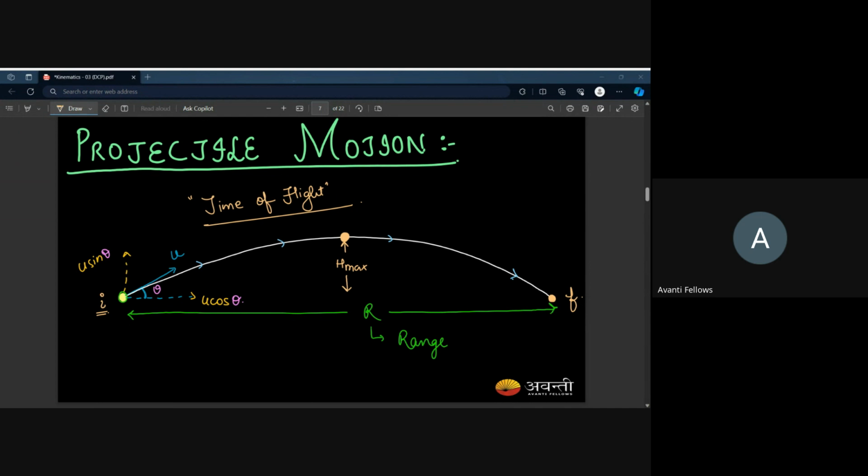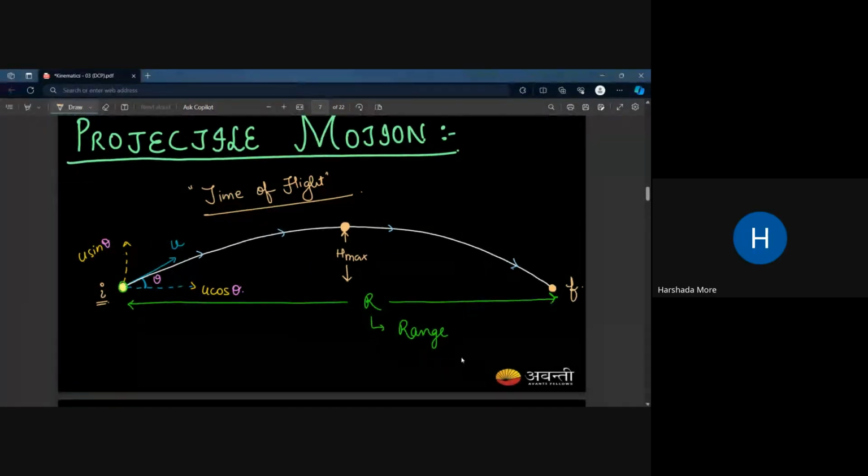Yes or no? This is your Cartesian system: x-axis, y-axis, x prime, and y prime. Earth always attracts every object towards its center. It means the attraction is always in this direction, which means in negative y. So you will always write acceleration as minus g.